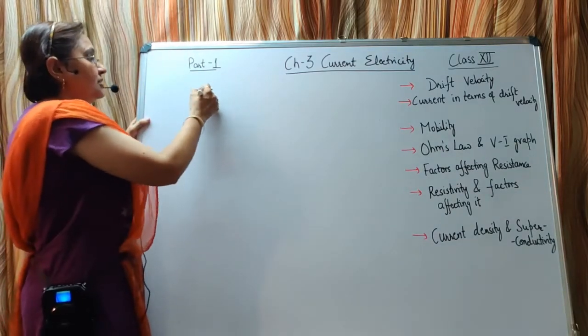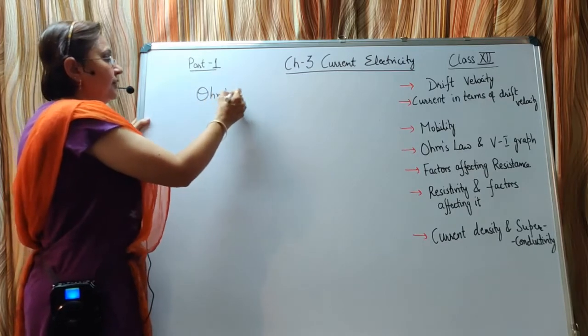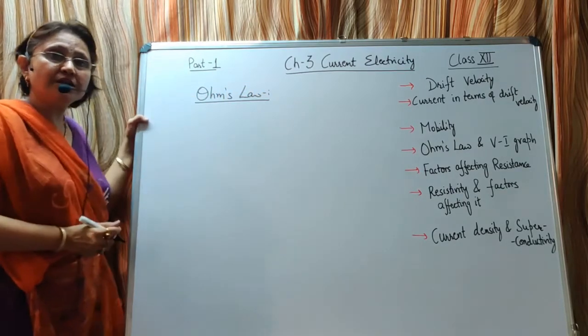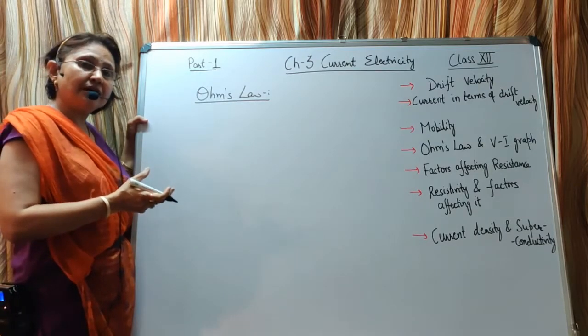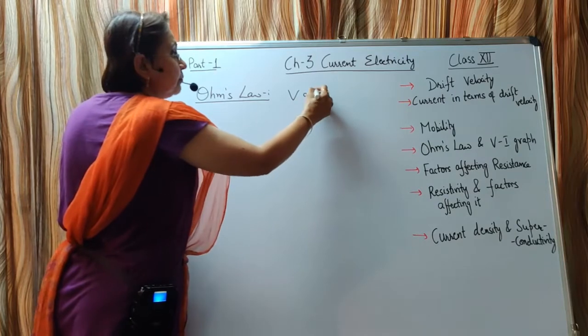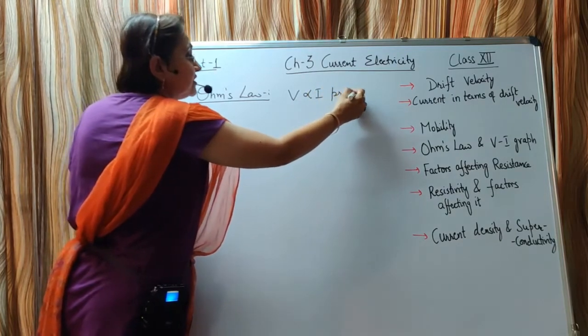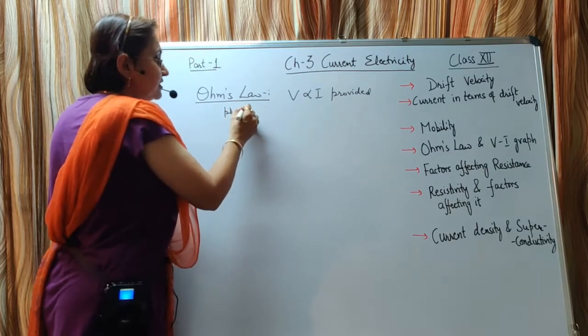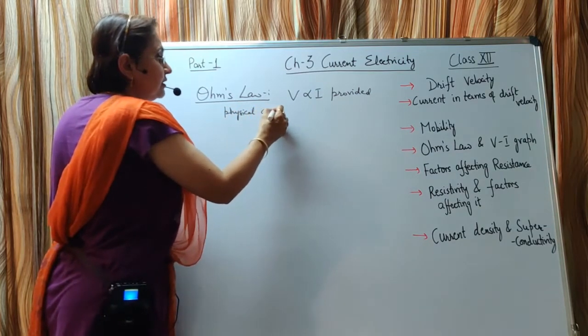Next we'll study Ohm's law, a very famous law which states that the potential difference across the ends of a conductor is directly proportional to the current flowing through it, provided the physical conditions like temperature, etc. remain constant.